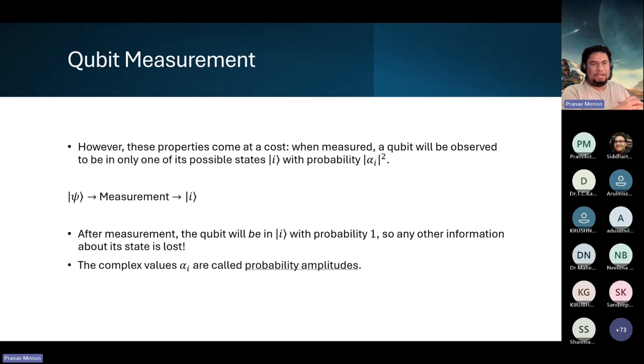That's alpha i in my example, and i is the measurement that you get. Let's say you measure and you get alpha i, then the square of that, summed with the square of alpha j, which is the other orientation, is always 1, because obviously probability cannot be over 1.